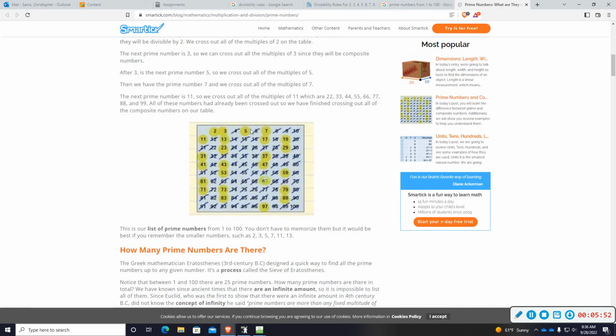2, 3, 5, 7, 11, 13, 17, 19. Most of them are odd, but not every odd number is prime, and the first prime number is actually 2. So the rule is you multiply 1 times itself to get that number, and it has to be 2 different factors, so therefore 1 is not prime.